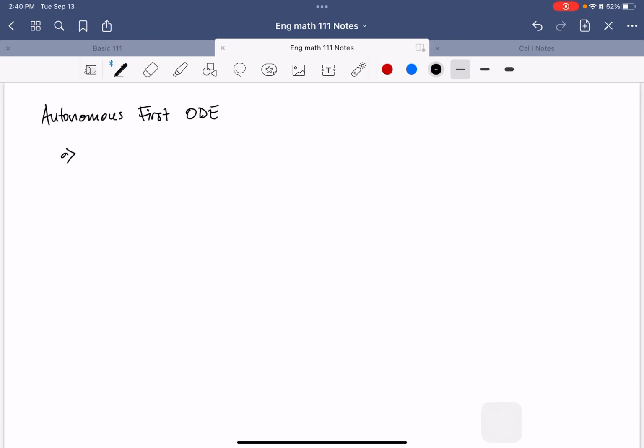It means that the differential equation is free of the independent variable. So we can say that if we have this form, dy over dx equals a function of y, this will be autonomous.